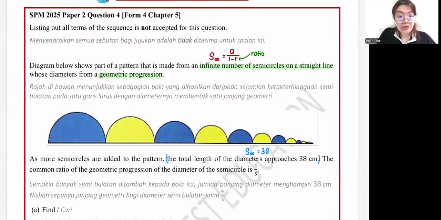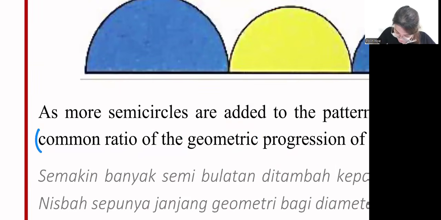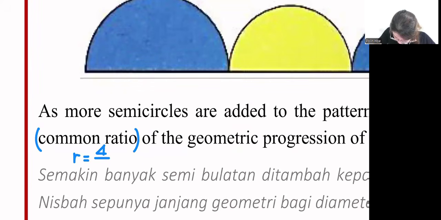The common ratio of the GP of the diameter is 4 over 5. Common ratio r equals 4 over 5 and we deal with diameter.